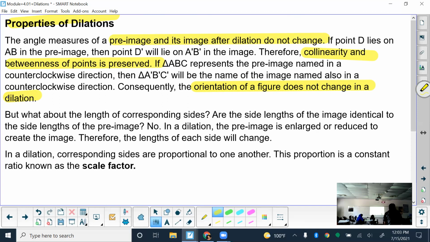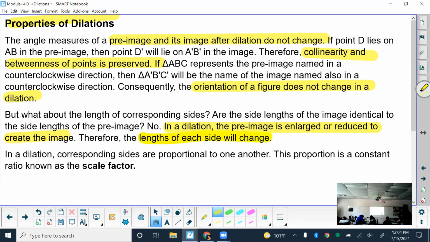Now, the lengths we notice are the same or different? Try again. The side lengths. The side lengths did change. However, they changed by what's called a scale factor. So let me show you what's important here. All right, in a dilation, the pre-image is enlarged or reduced to create an image.